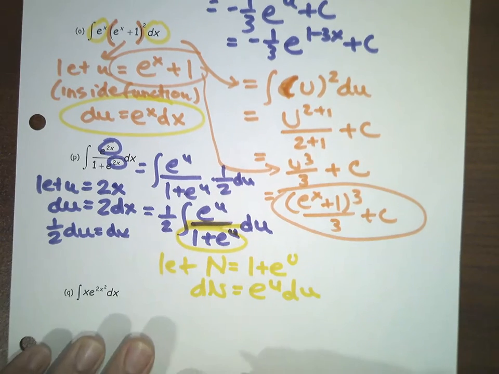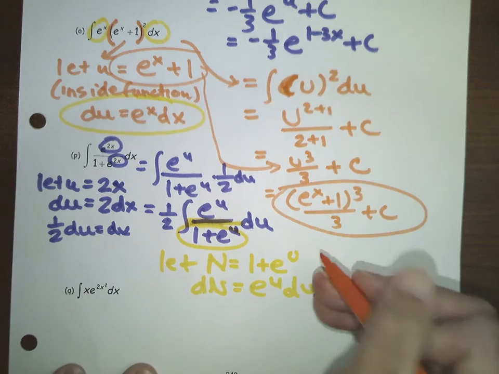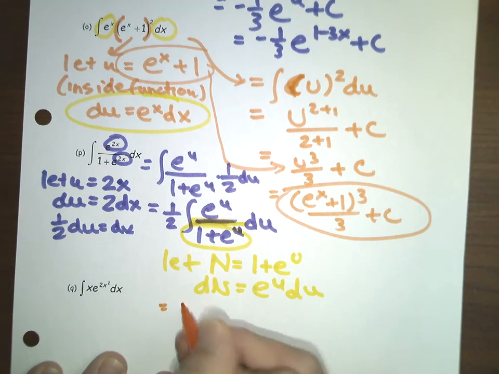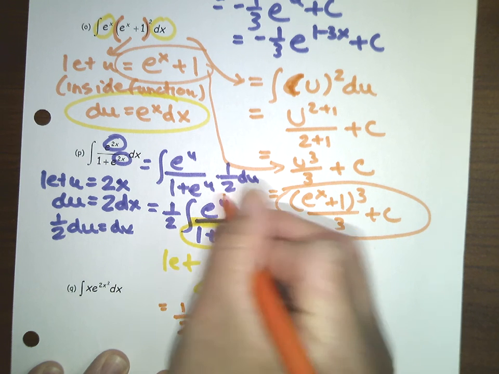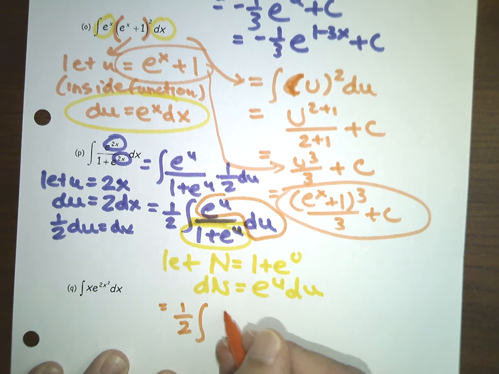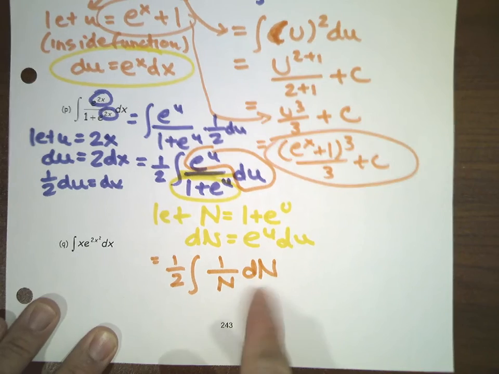And so then if I go ahead and simplify this, I have the 1 half integral of, all right, so e to the u du was dn, so I have 1 over n dn, but then look at this, that is a natural log integral.